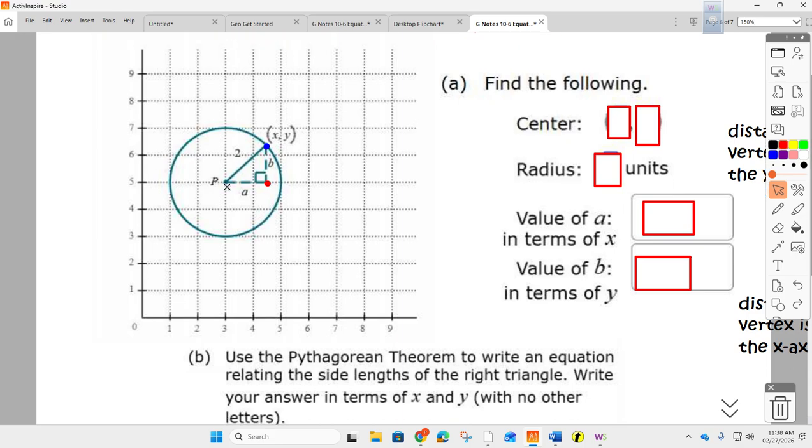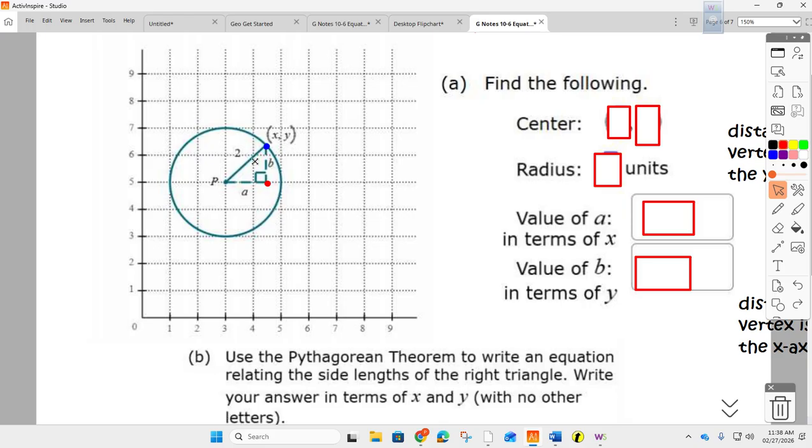Its center is point P. They've labeled the radius of this circle from point P to a point on the circle. Now, we don't know what that point is because it's not where any grids cross, right? So it's not a number that we can look at the graph and identify that point, okay?